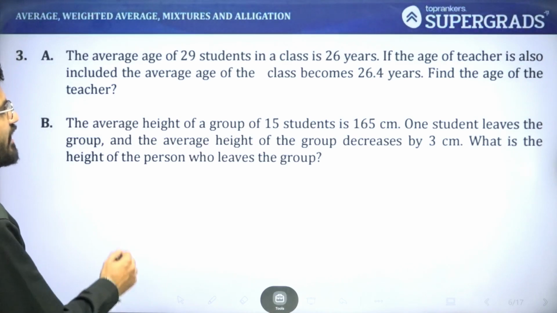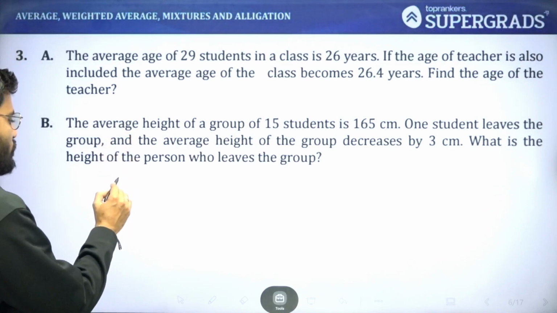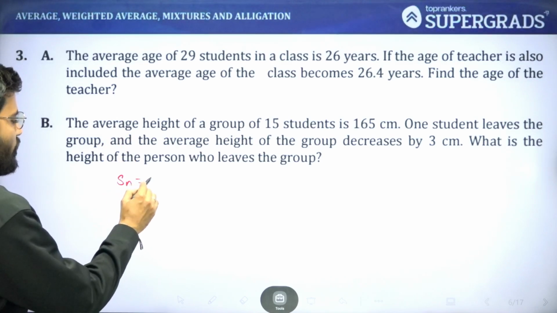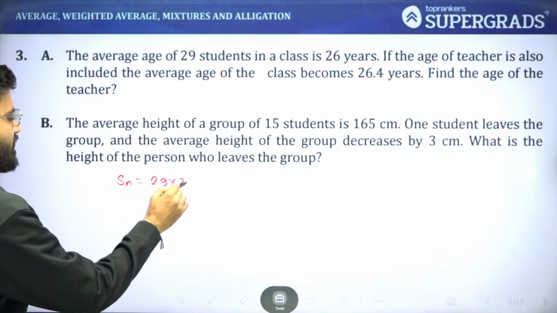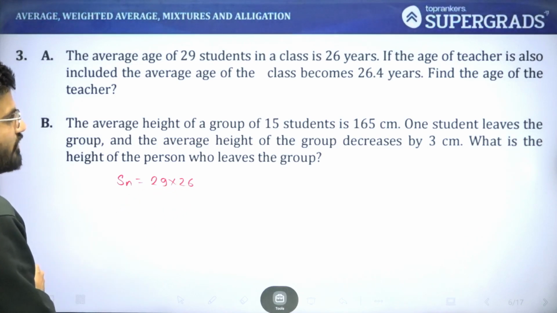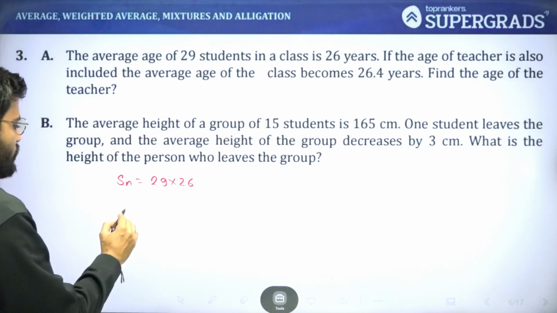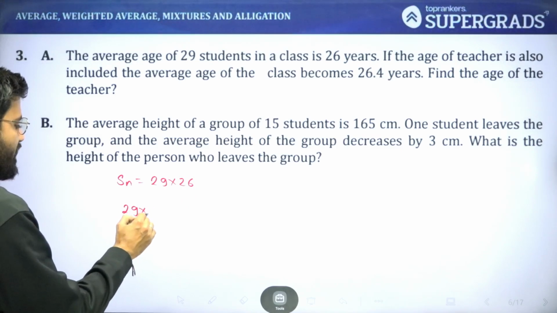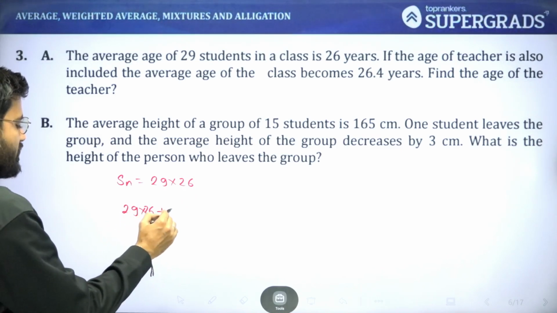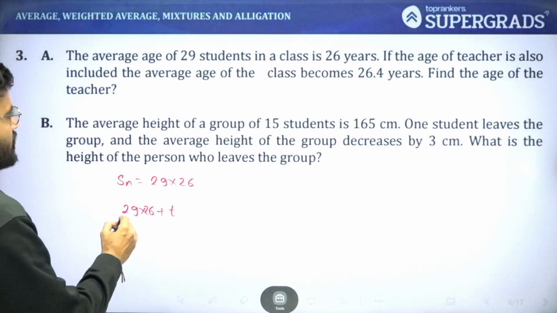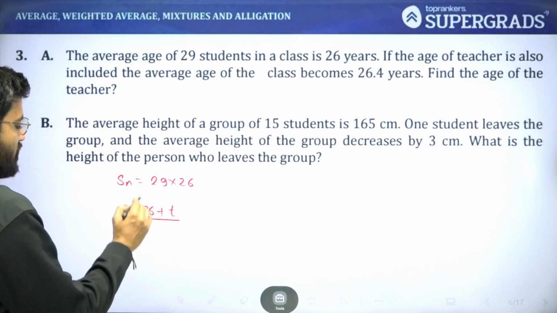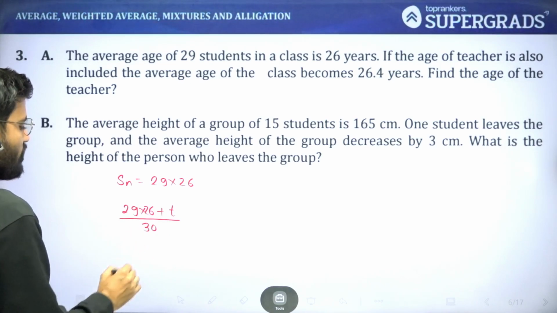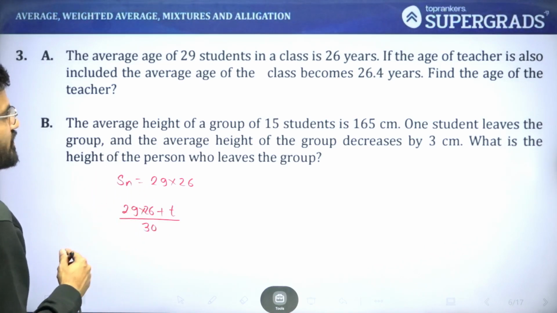The average of 29 students in a class is 26. So the sum total will be 29 into 26. Now if the age of the teacher is also included, it is 29 into 26 plus the age of the teacher, t, divided by the total, which will be 30 now, because 29 students and one teacher are included.